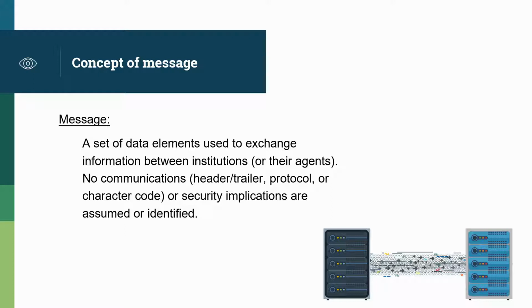If you look at the image of the two servers exchanging information, ISO 8583 defines how they would interpret data at a high level. But there are lots of low-level details that need to be worked out between those two servers in order for them to exchange information. And this is outside the scope of ISO 8583 and left for the top layer protocol or application-specific protocol to make decisions on.